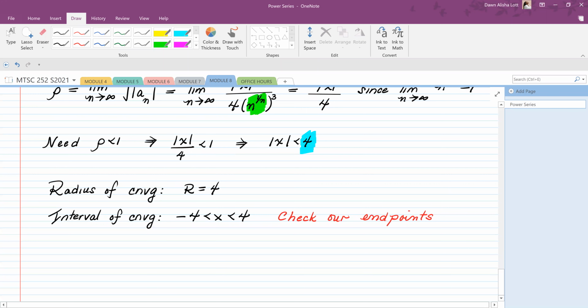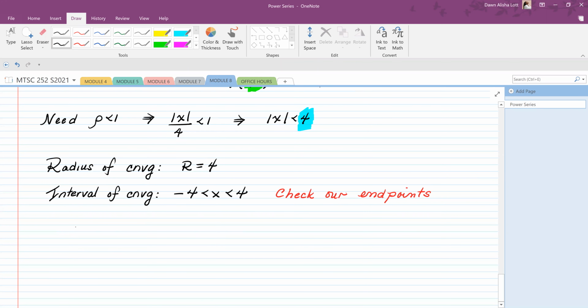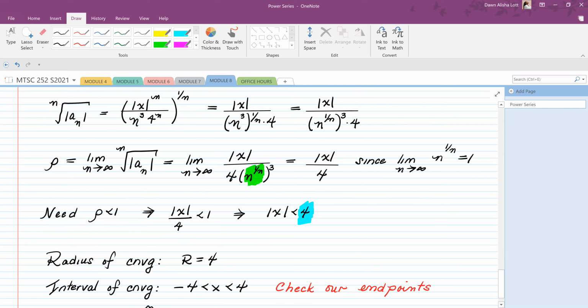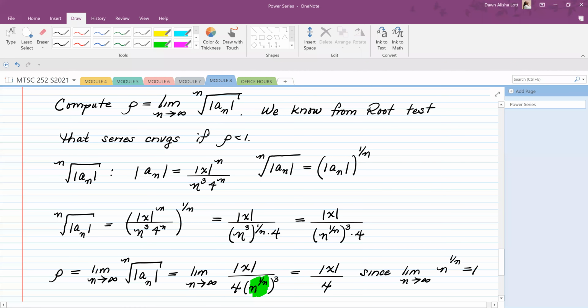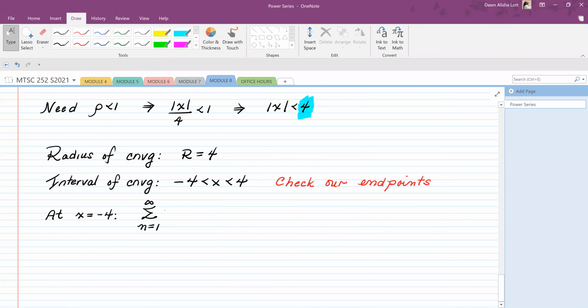Let's see what happens. So at x equal to -4, we get the sum n equals 1 to infinity of -4 to the n over n cubed 4 to the n.